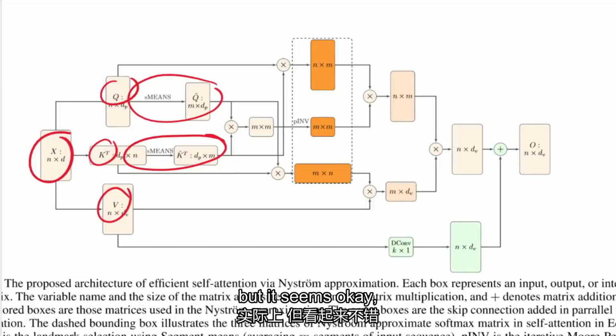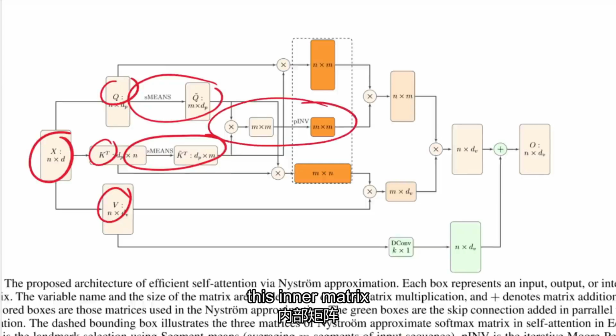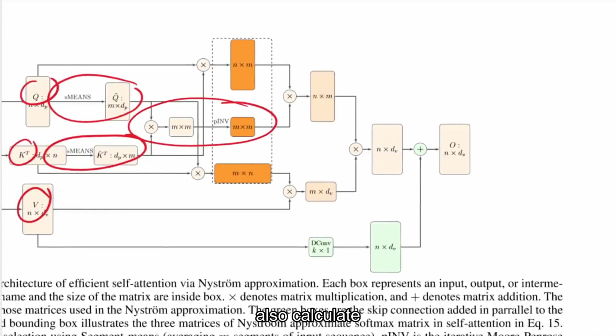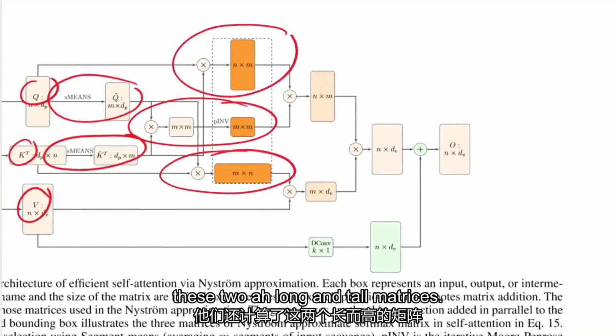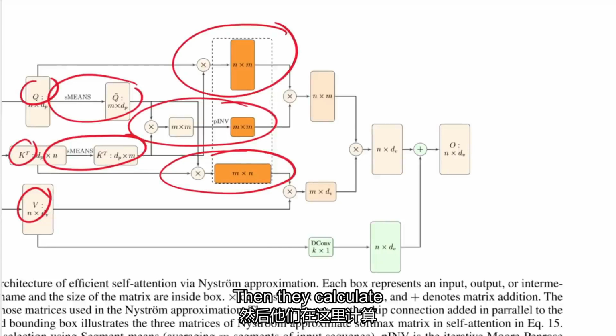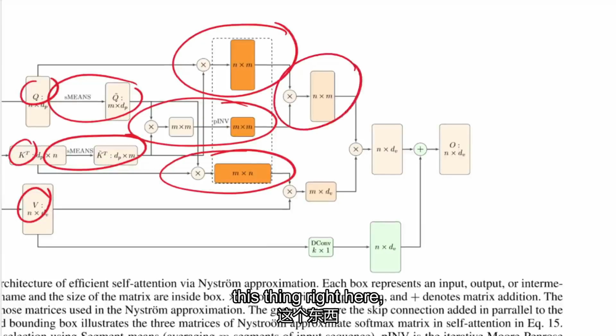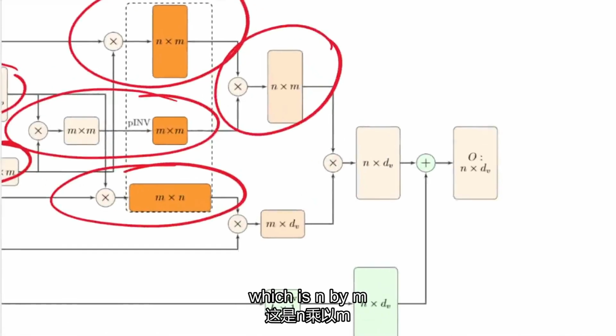I don't know actually, but it seems okay. Then they calculate this inner matrix that they need to invert right here. This is m by m. They also calculate these two long and tall matrices. Then they calculate this thing right here, which is n by m.